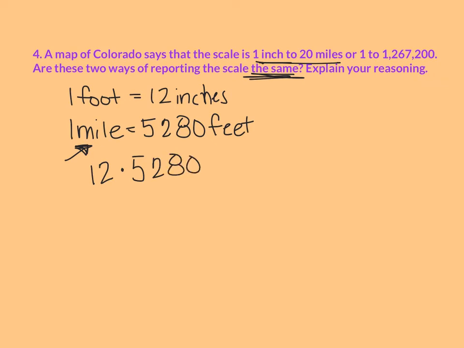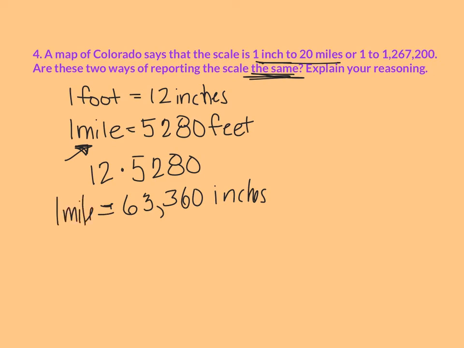Again, feel free to use your calculator. It's silly to try and do that by hand. 12 times 5,280 would be 63,360. So again, that's inches, and that's equal to 1 mile.